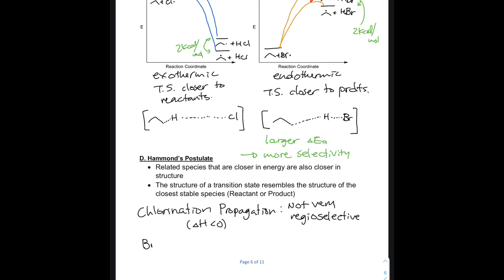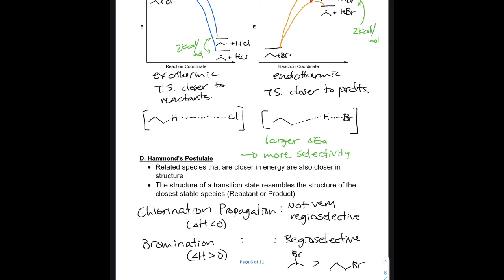Whereas the bromination propagation reaction was endothermic, delta H was positive, and because of that, it's very regioselective, meaning the secondary product was a lot more abundant than the primary.